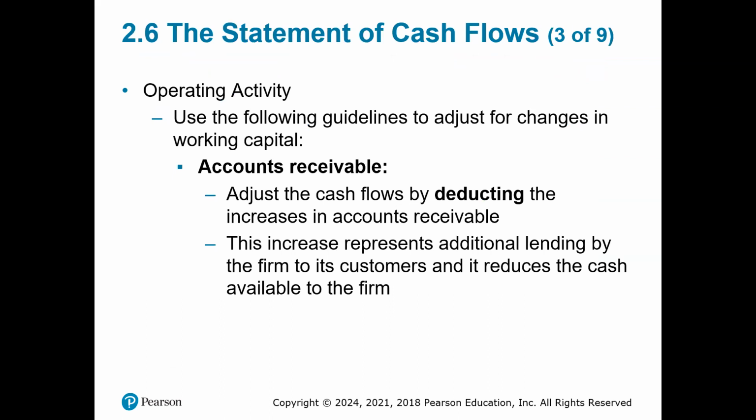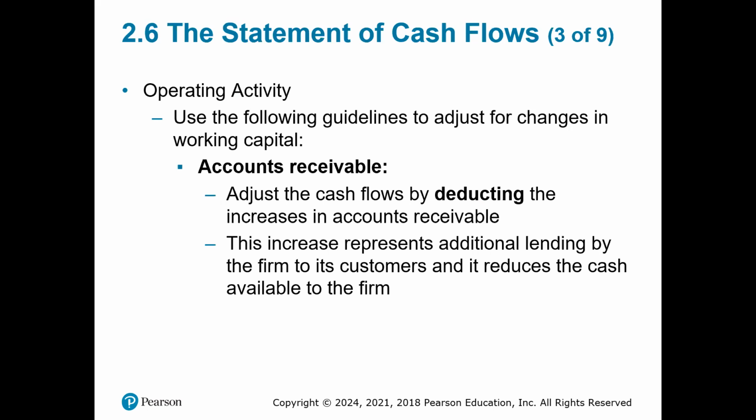Now, in the context of the operating activity section in the statement of cash flows, adjustments are made to account for changes in working capital, specifically focusing on accounts receivable. Now, when there is an increase in accounts receivable, we would deduct this amount from the cash flows.